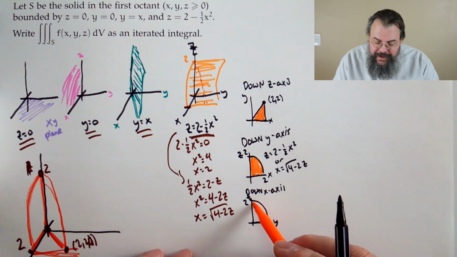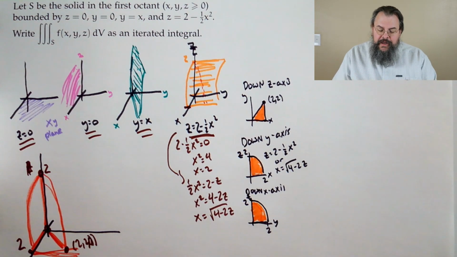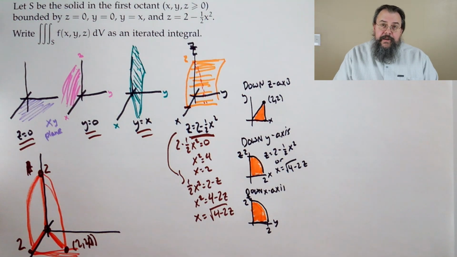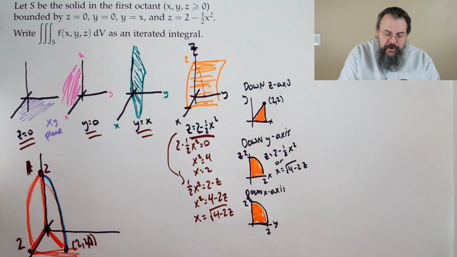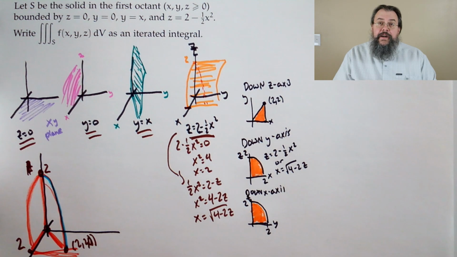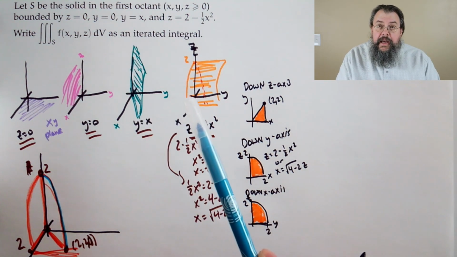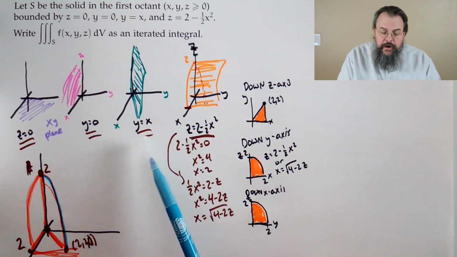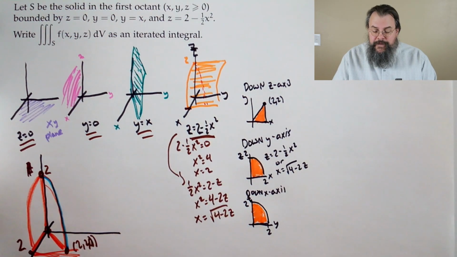Here's the really cool thing. It turns out, we say, well, wait a second. This particular curve, this curve that we're trying to identify, so let me mark it. This curve right here. Well, it's the intersection of y equals x and z equals 2 minus a half x squared. So I say, oh, wait, I can replace x by y.